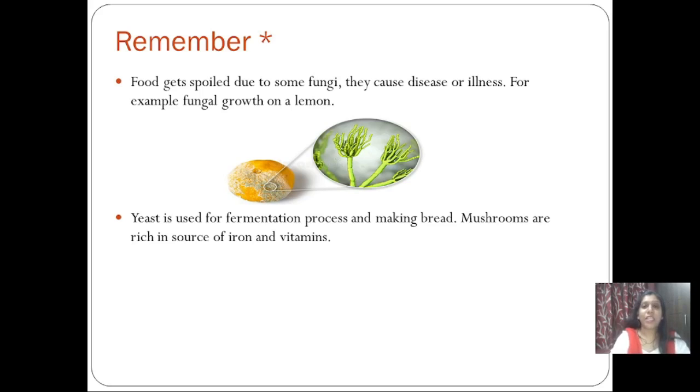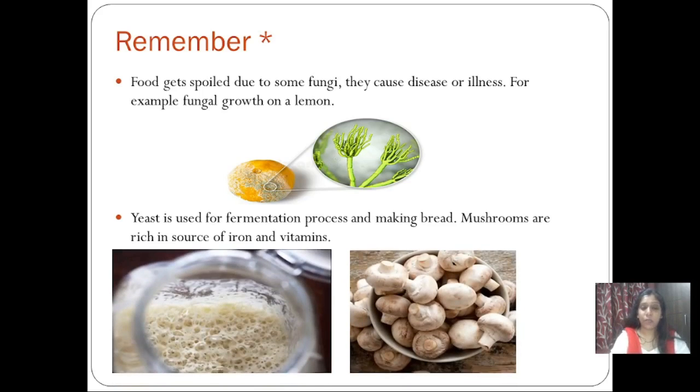Okay? There are some mushrooms which are very poisonous, and some mushrooms which are rich in iron and vitamins which we should consume. Please see the below image. The first image shows the yeast which is used for fermentation, and the second image is the mushrooms. You can see these mushrooms in the supermarkets also, and they are healthy to eat.